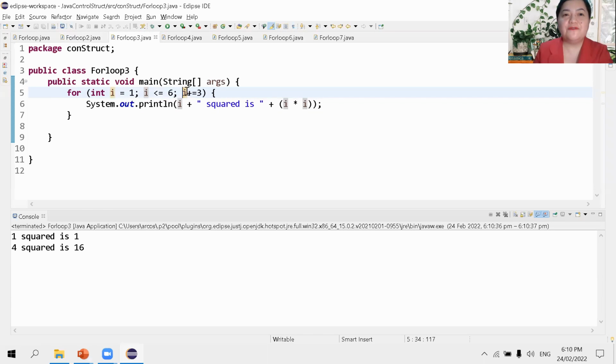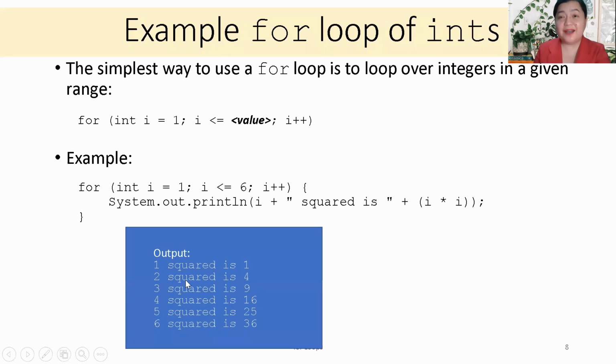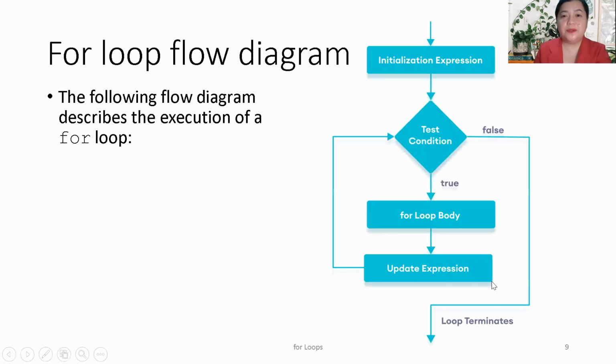So the condition here would depend on how you update the value of your i, which is also the variable of your condition. So that's how this code works.